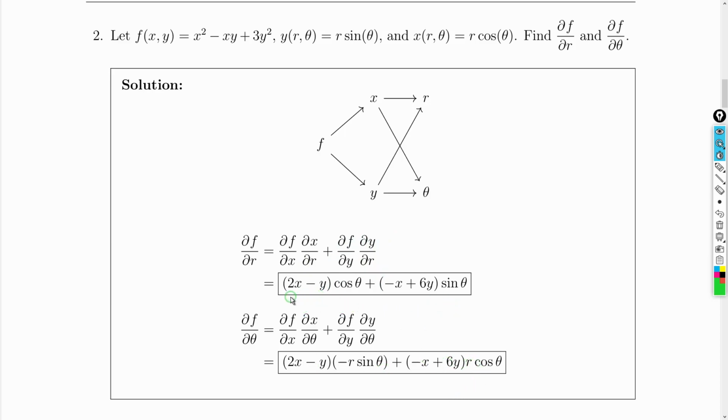One thing to note is that I didn't bother to bring all the variables down to the same level. You see that I'm mixing the xy layer and the r theta layer. We have expressions that combine the two.